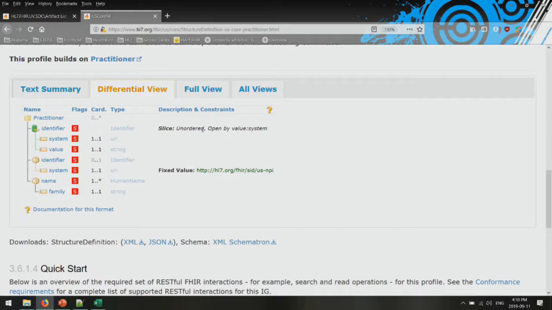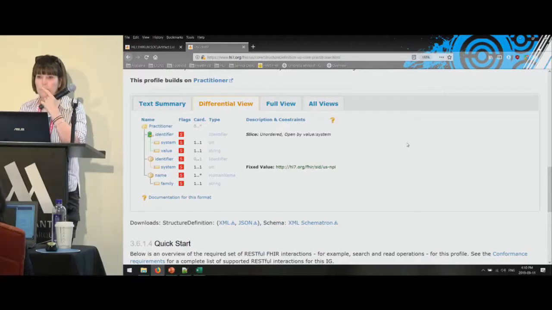I have a question. In older versions of FHIR, it was much easier to see what you were slicing on. You mean in the older versions of the IG publisher, what was rendered? Yes, you could actually see what the slice was, what you had discriminated on.